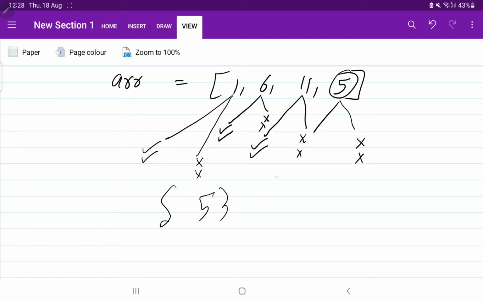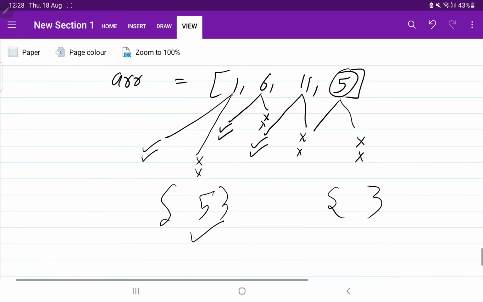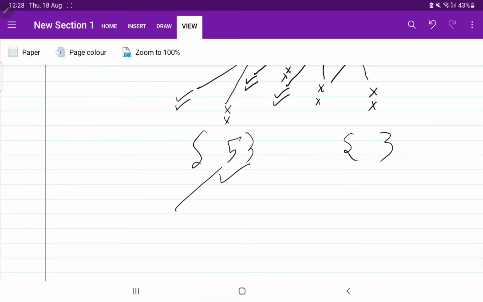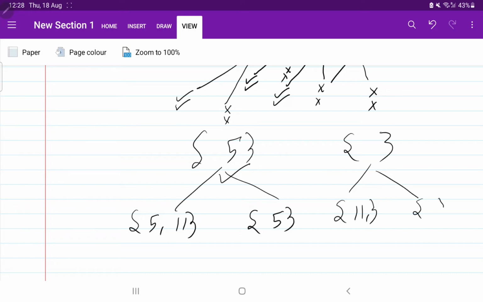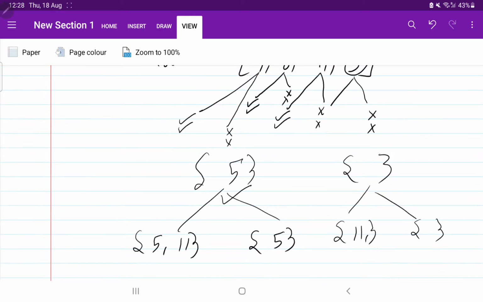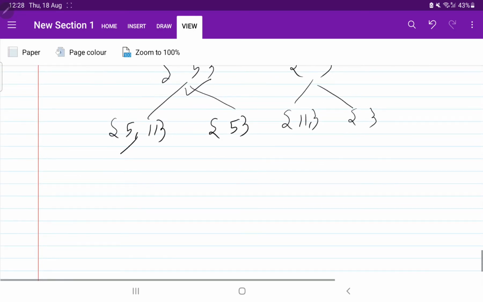Like this, here we are going to choose, here we are not going to choose, so it is empty. Then we have to take the decision for 11. Should we choose 11? Yes, we can choose 11 or we can leave 11. Here also we have two choices, either take 11 or leave 11. Then we have to take a decision on 6.